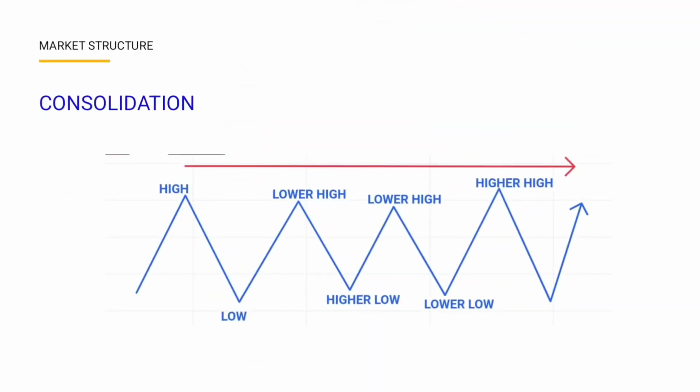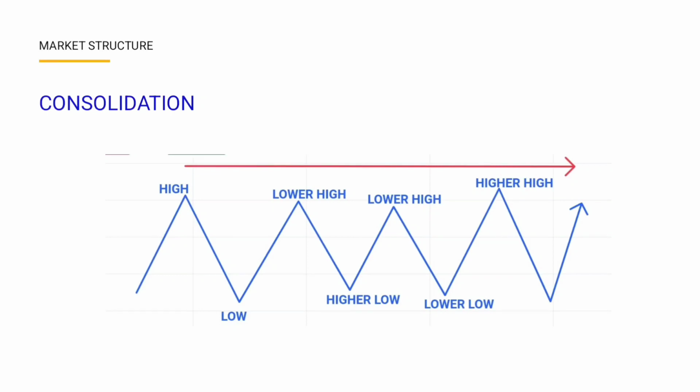Now we look at consolidation. Consolidation is different from trends. In fact, if the market is not trending, we say that the market is consolidating, or some would say it is ranging. So consolidation occurs when market fails to create higher highs and higher lows, or lower highs and lower lows.